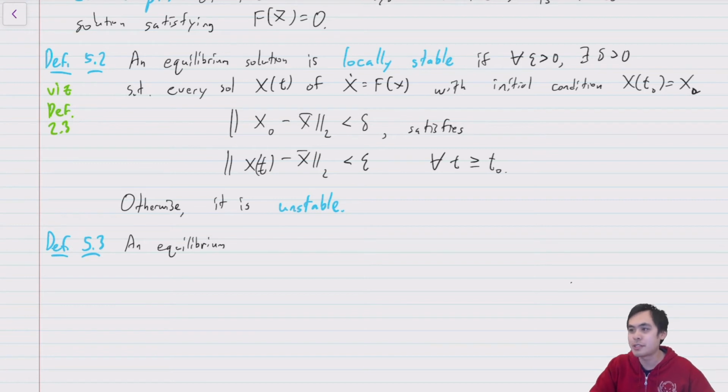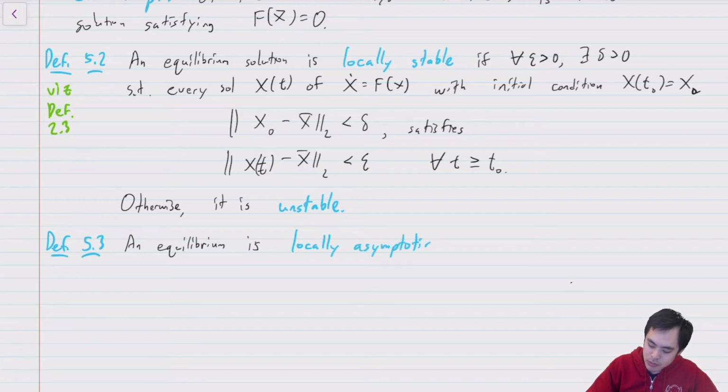Well, for local asymptotic stability, we just mean that it asymptotically approaches the equilibrium point wherever it is, which doesn't have to be 0 anymore. So an equilibrium is locally asymptotically stable if it is first locally stable, otherwise we don't call it stable at all.